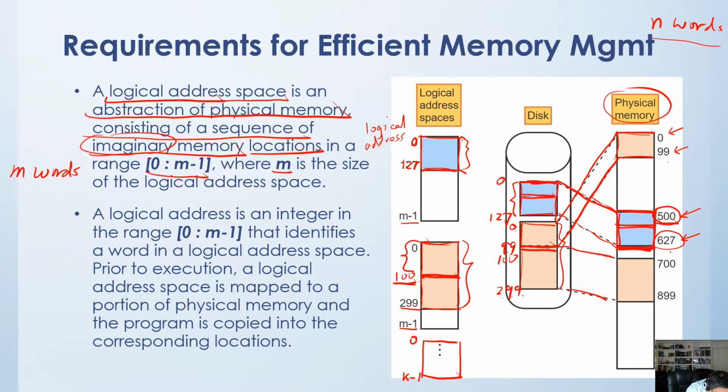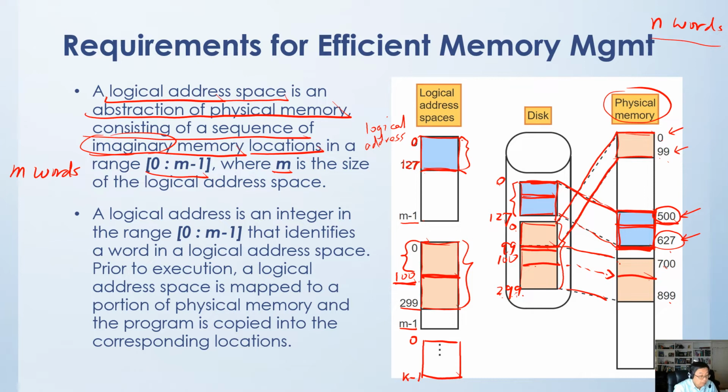So we map 100 to 700, and then the corresponding logical address space is going to be mapped to the corresponding physical address. So 299 is going to be mapped to 899.